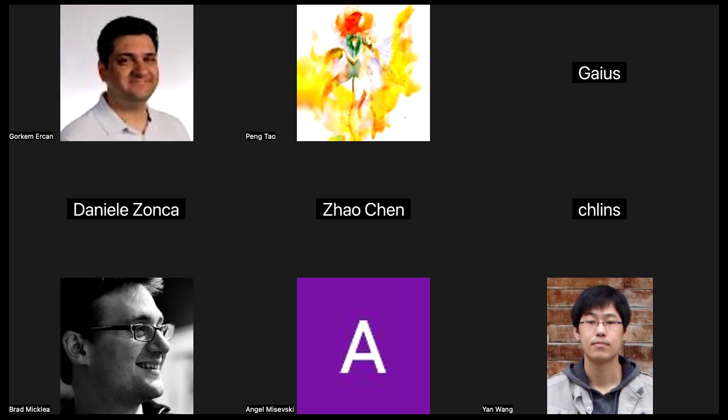The TAG that would be most aligned to this, I assume, is the runtimes TAG. Is that accurate, or is there a different TAG that I've missed? When we did the KitOps sandbox proposal, the TOC actually put us in runtimes. But the other place we can present is the working group for AI at CNCF.